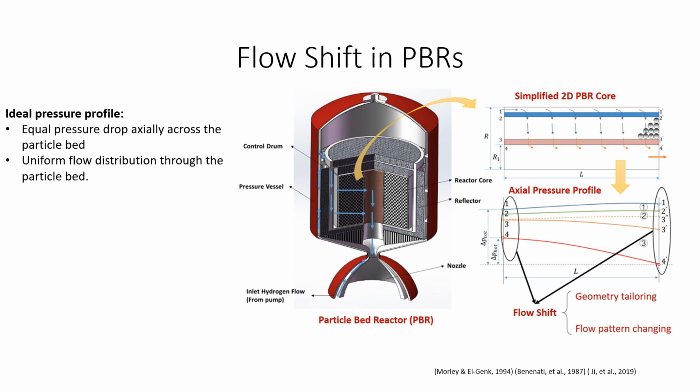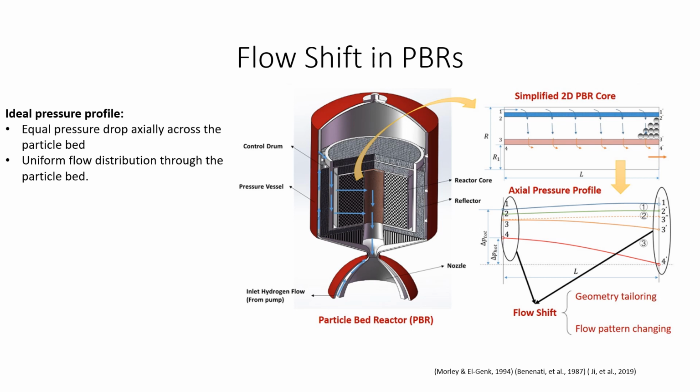So if we look at the simplified 2D PBR core and the axial pressure profile, they both show the flow shift axially in the PBR core. The axial pressure profile shows a significant drop in pressure on the hot side, or in the hot gas channel.